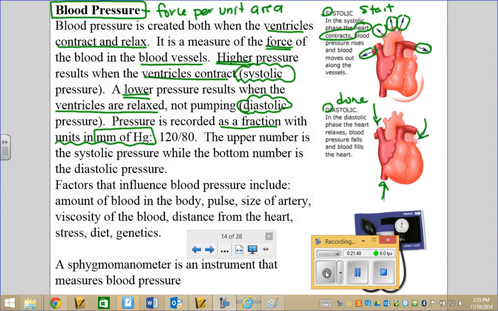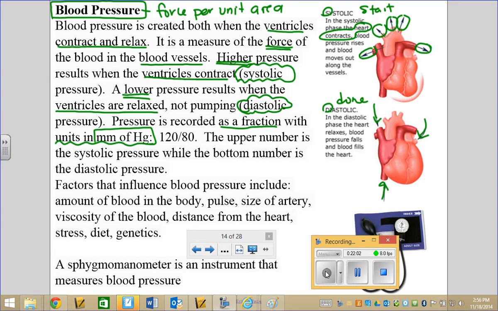So for every unit of area, how much force is being applied there. Now we could measure pressure in a bunch of different units. There are things called kilopascals that we could use. Millimeters of mercury just happens to be the one that we use for blood pressure.